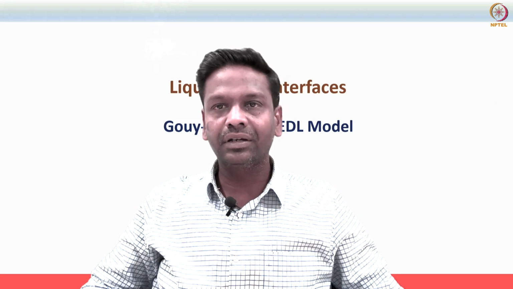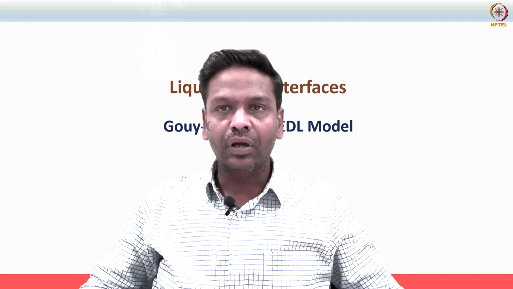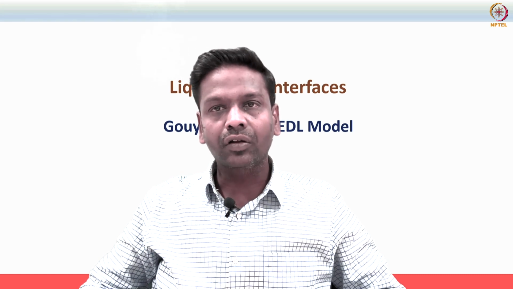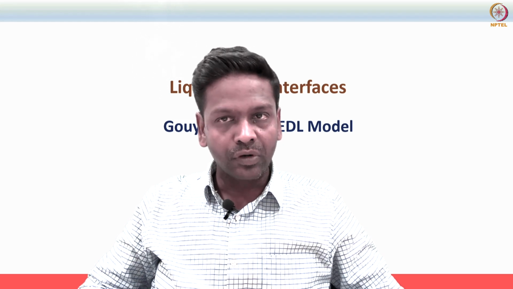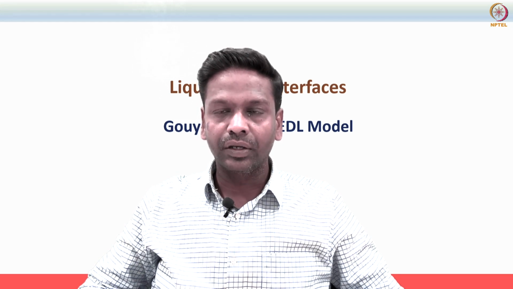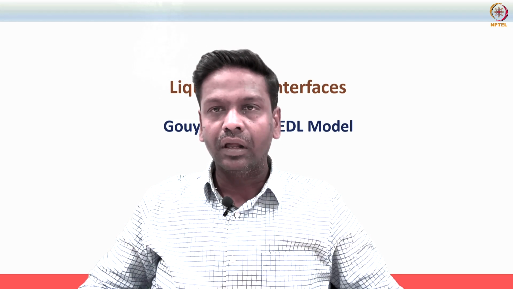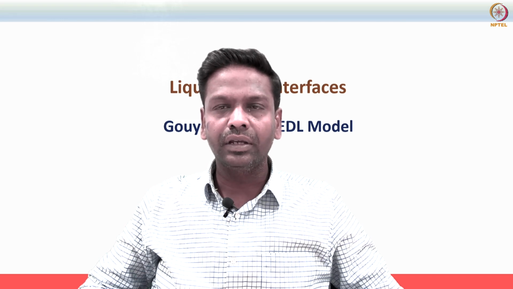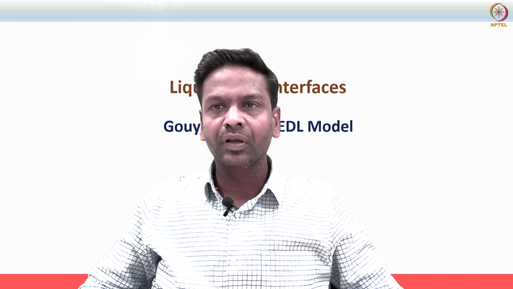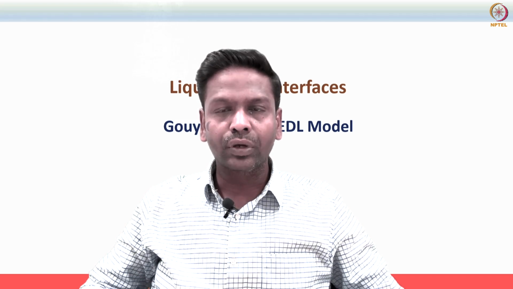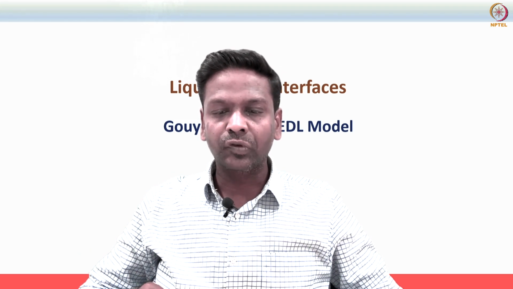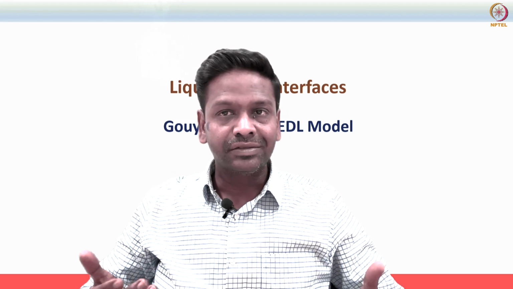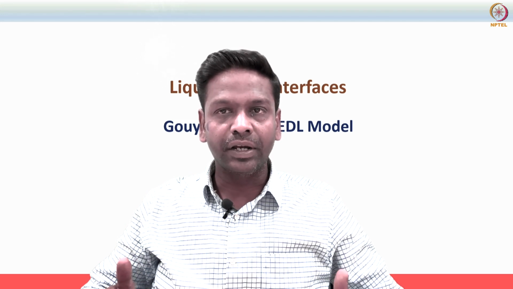So, in this video lecture, we will look at some of the shortcomings of the capacitor model proposed by Helmholtz, and we will also look at the importance of incorporating other aspects, so that the results that we get are pretty accurate.